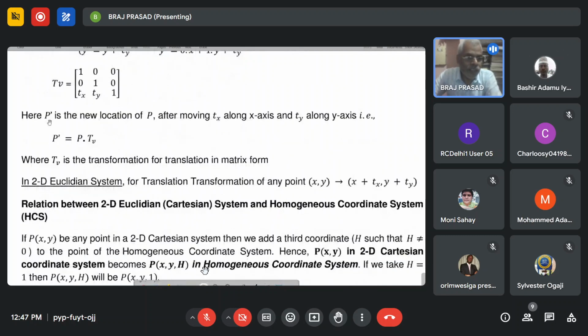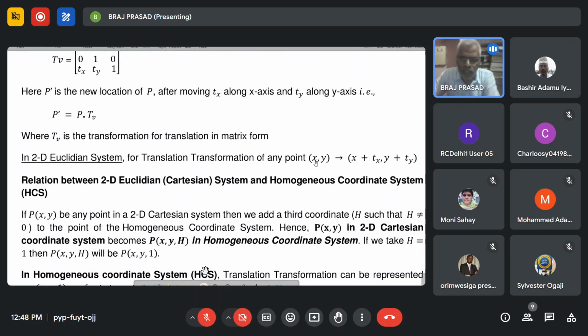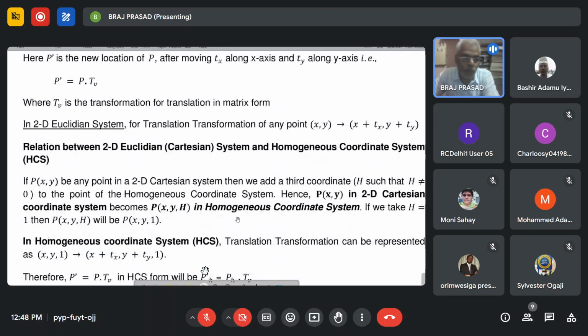So the new coordinate becomes P dash equal to P dot TV in multiplication form, in the Euclidean system. As I just discussed, in the Euclidean system the coordinate of the new object is x plus dx, y plus dy. But in the homogeneous coordinate system, we introduce one more column.